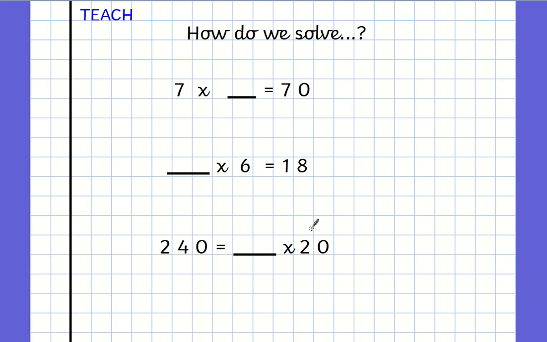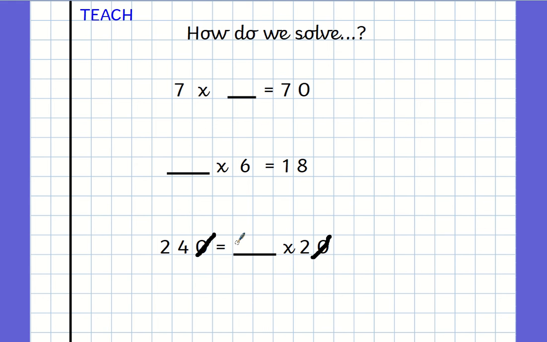So remembering that we can scale up and we can scale down, why don't we have a look at it that way instead? So why don't we scale it down, because both of those numbers end in a 0. So instead of saying 240 equals something multiplied by 20, why don't we say instead 24, let's cross that out, equals something multiplied by 2.